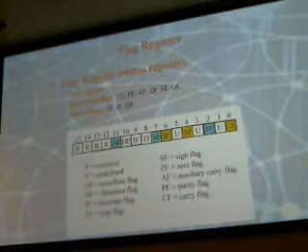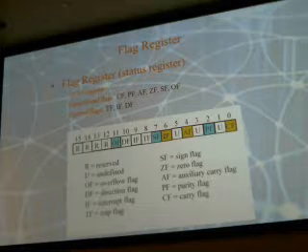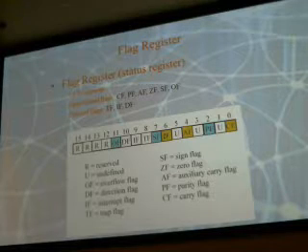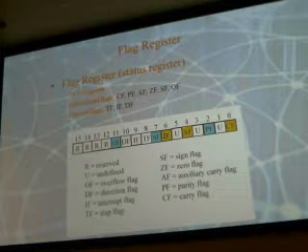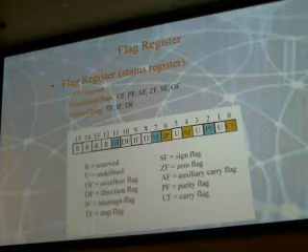Now let's go back and look at our flags register. Is the carry flag set in that example? No, because it's 0, right? But the parity flag was set, wasn't it?